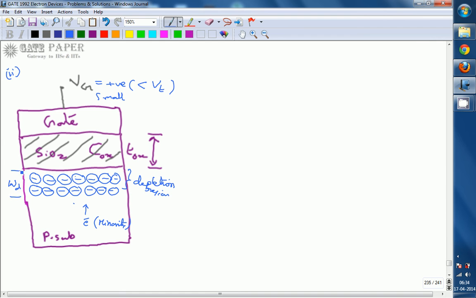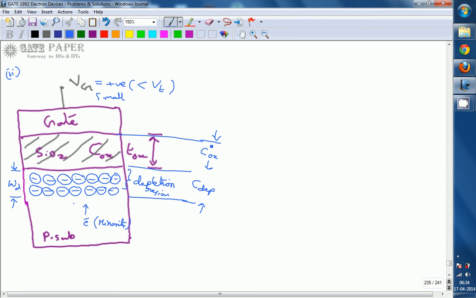Previously we had the oxide capacitance COX, and now the depletion layer also has some capacitance. That capacitance is treated as C depletion. The capacitance from this point to this point is C depletion, and from this point to this point is COX.